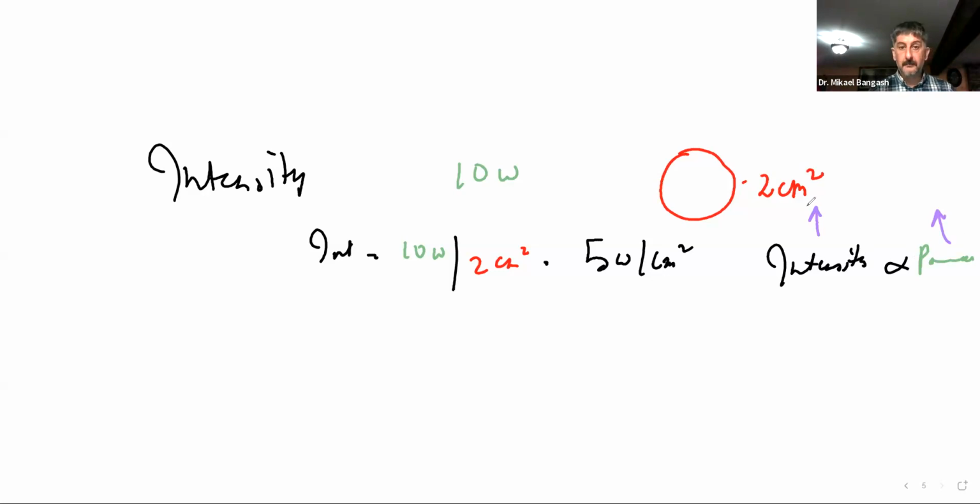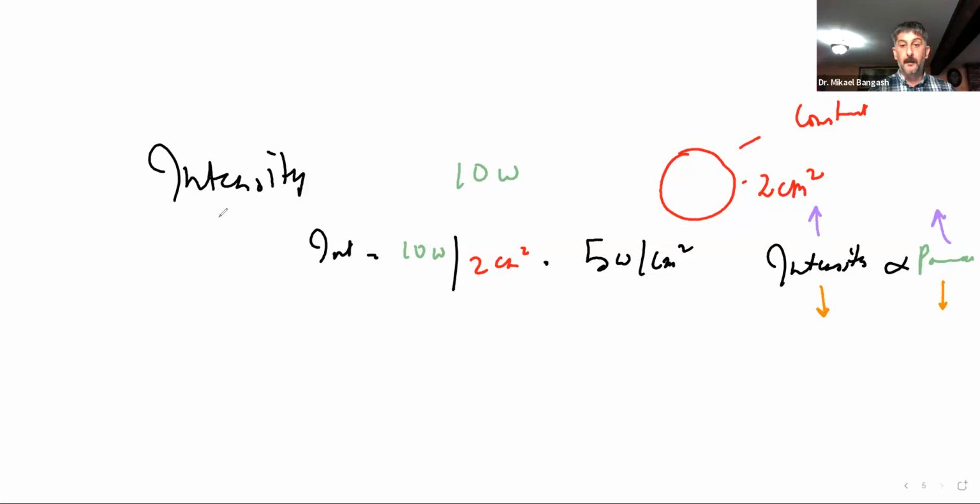And likewise, if the power decreases, then the intensity will decrease. Obviously, we keep the area constant in that case, because if we also keep changing the area as we change the power, that change in the area is going to have its own effect on the intensity.